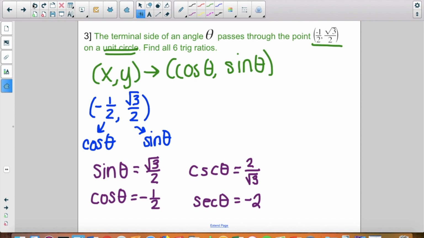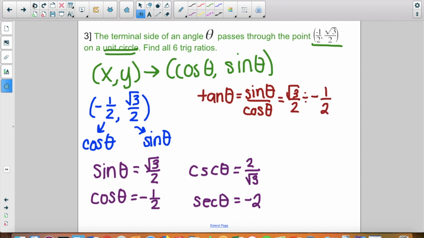So I am going to write tangent a little bit above. The tangent of theta, to find tangent, we use sine of theta over cosine of theta. We already know the sine and we already know the cosine. Since they are both fractions, I'm going to write the sine divided by the cosine. I'm only doing this for notation purposes.